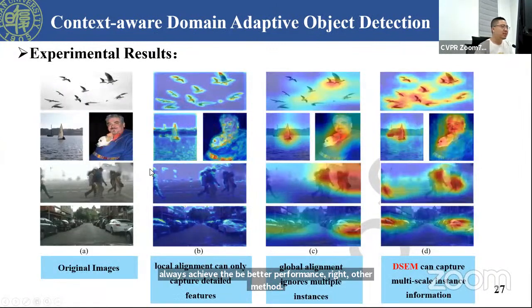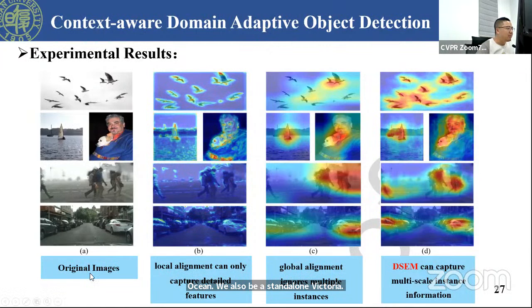Okay, we also give some pictorial results of our method. The first column is the original image captured in different backgrounds. The second column is the local alignment. We can see the local alignment can only capture the detailed features in each picture.